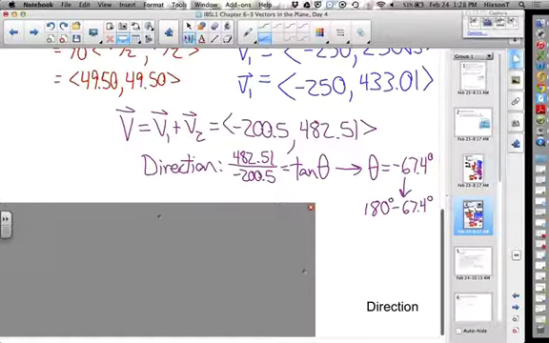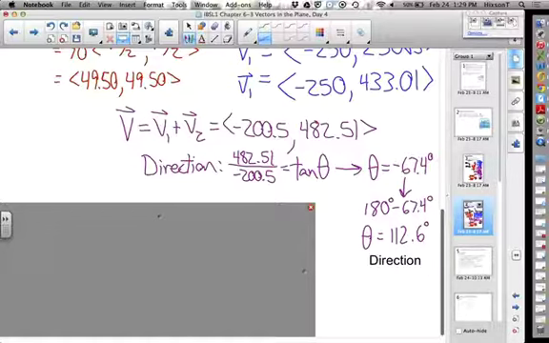That means that this did tell us our reference angle was 67.4, but for second quadrant we subtract from 180, so theta is actually 112.6. That is our direction.